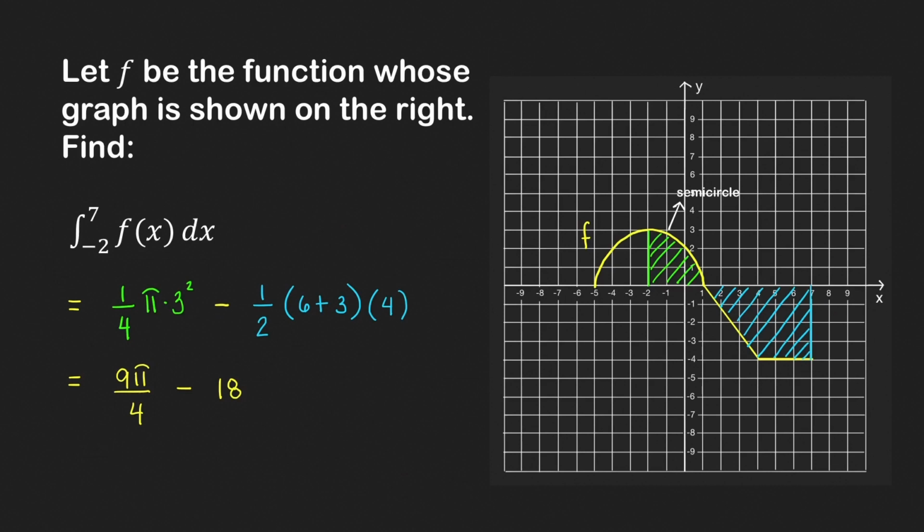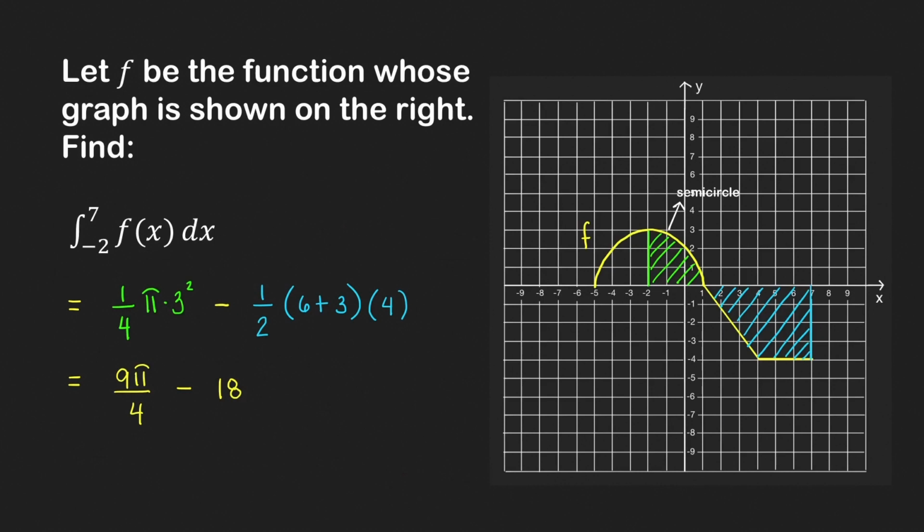And this is just equal to 1/2 times 4, which is 2, times 9, so that is equal to 18. And it is clear from the graph that the value of this is negative, because we have more area below the x-axis than above the x-axis.